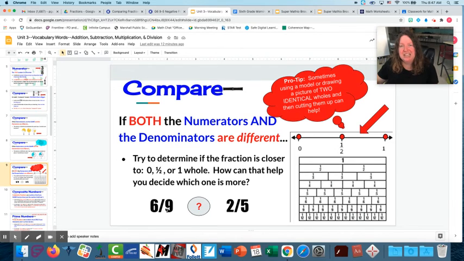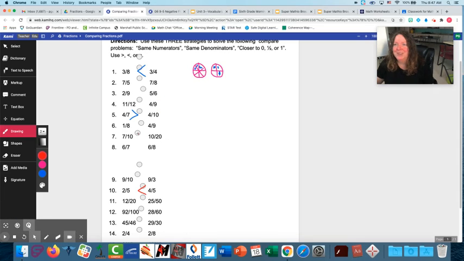If 6 ninths is more than a half, and 2 fifths is less than a half, that means 6 ninths is more. So we're going to use that strategy of comparing, is it close to 0? Is it close to a half, more or less than a half, or is it close to 1? All right, let's employ that strategy on our sheet.